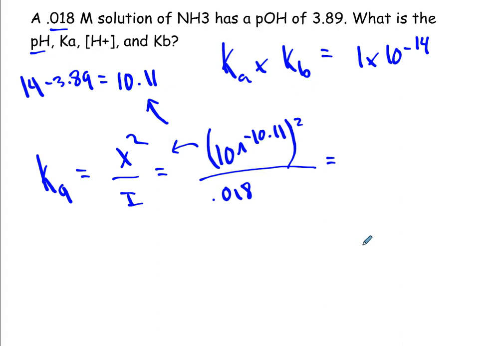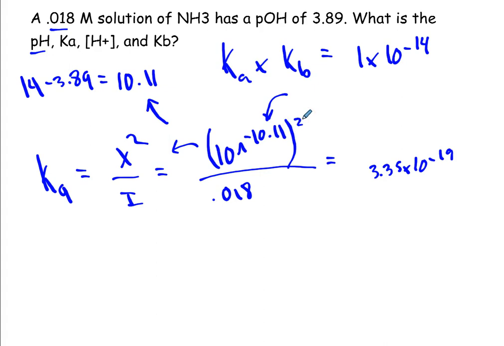Yeah, it should be a really small number. 3.35 times 10 to the negative 19. Okay. All right, that's a really, really, really small number, but that's fine. We'll live. I think. Now, my H plus concentration was this, right? H plus was whatever that answer was, not the squared. You with me?